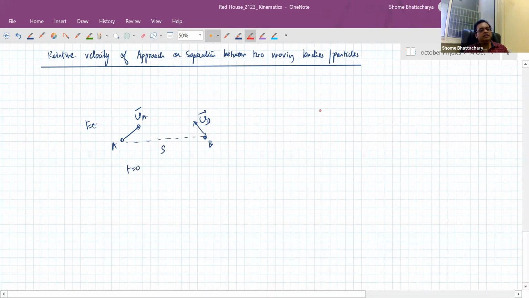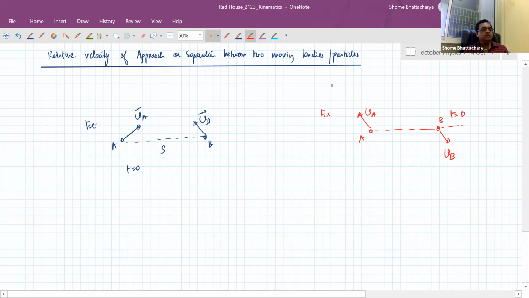And then take another example where let's say two objects, instead of moving like this, they're moving like this. Let's say they are moving maybe like this. This is how they are located at t equal to 0.